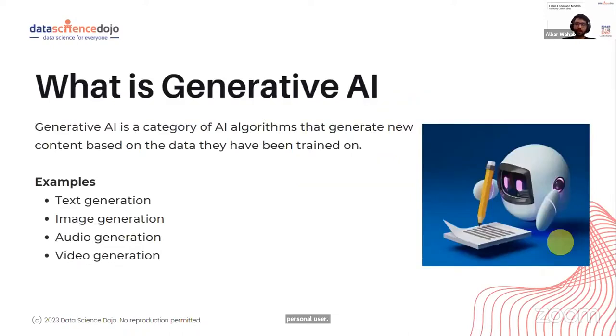Starting off with trying to decode what is generative AI. You might have heard this term being thrown around a lot, right? There has been a boom in the hype surrounding it. It's basically just a category of AI algorithms that generate new content based on the data that they have been previously trained on.